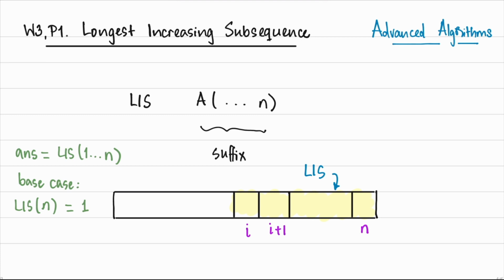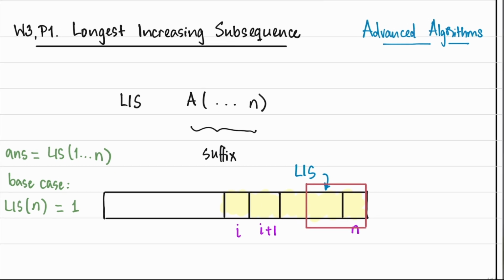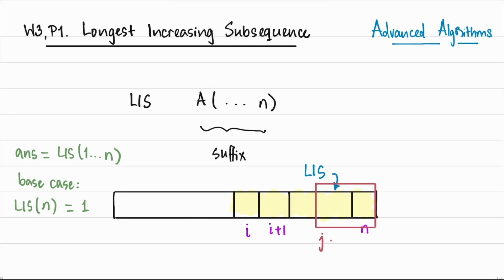So for example, if you want to know what is the length of the longest increasing subsequence for the subarray A going from j to n for any j greater than i, assume that you have this information at your fingertips. You can invoke it, you can use it in any way you want. That's the whole idea of saying that we are employing a recursive approach, right?